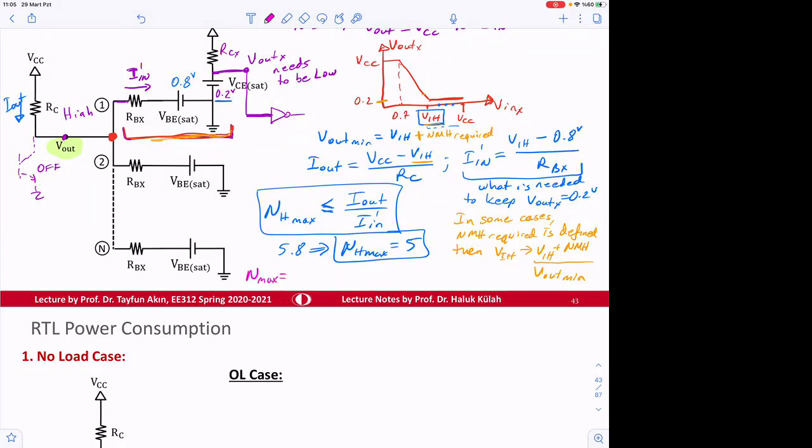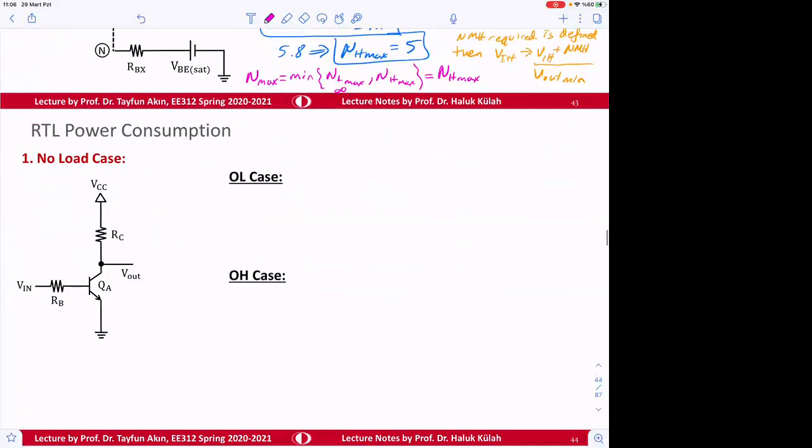N max is the minimum of N low max and N high max. Of course, here the limiting one is going to be N high max because this one is infinity.